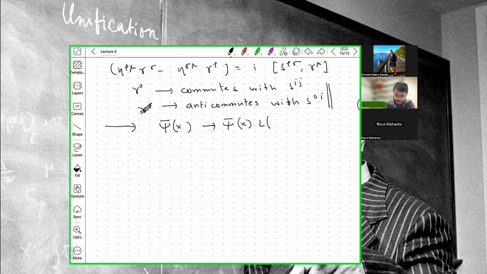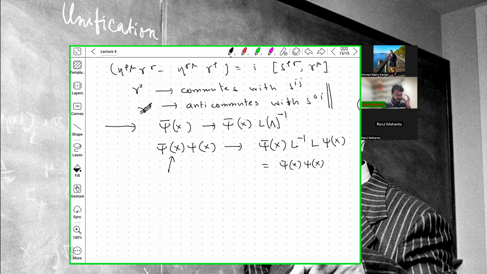So I will sketch a proof, but just let me tell what it means. It means that psi bar psi is the Lorentz invariant quantity, because they go as psi bar L inverse L psi equals psi bar x psi x. And the Dirac Lagrangian should be Lorentz invariant. One of the terms, the mass term, is Lorentz invariant.